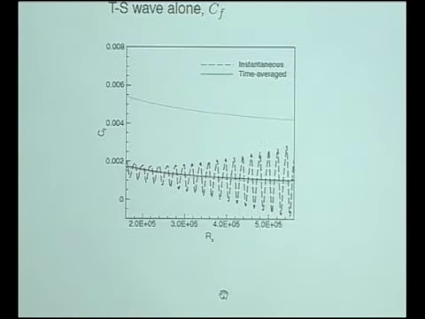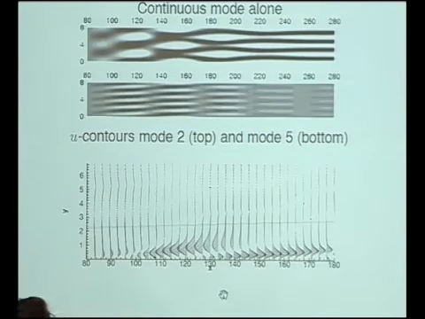We did other cases, or I should say my student did other cases, but they fall into one category or the other. Okay, so first, just put in the Thome-Schlichting wave alone, and of course it grows, doesn't do anything, doesn't produce turbulence. If you time average the skin friction, it follows the Blasius pretty closely. It's a mildly perturbed boundary layer in terms of the skin friction.